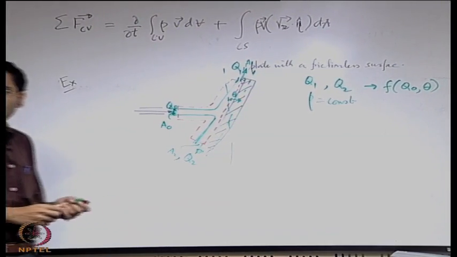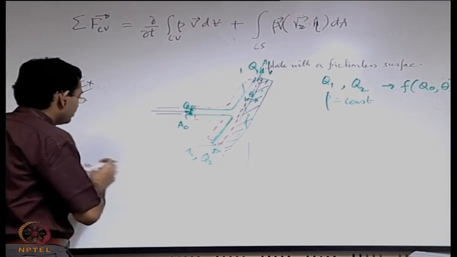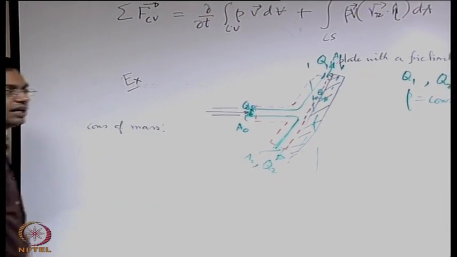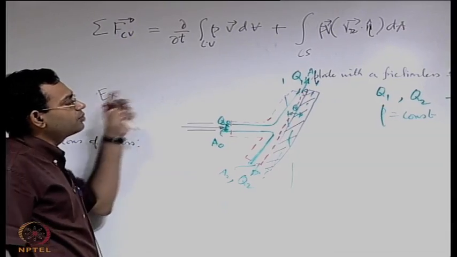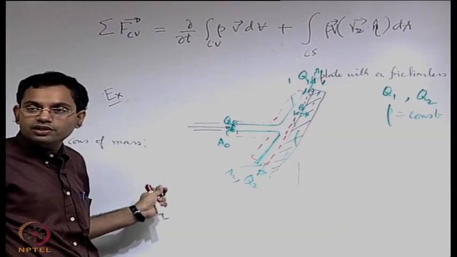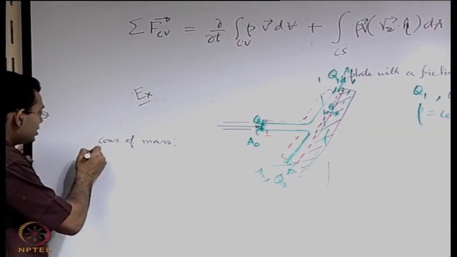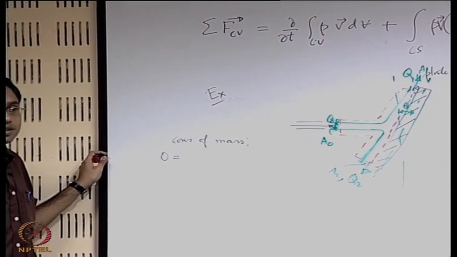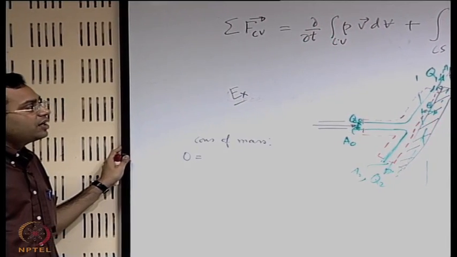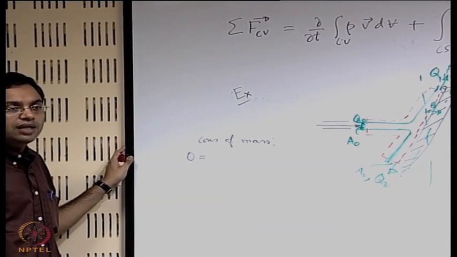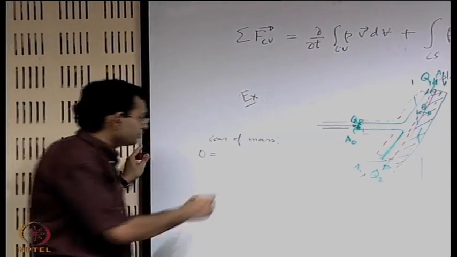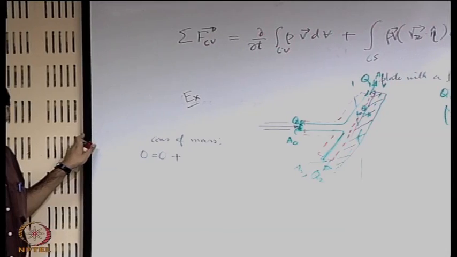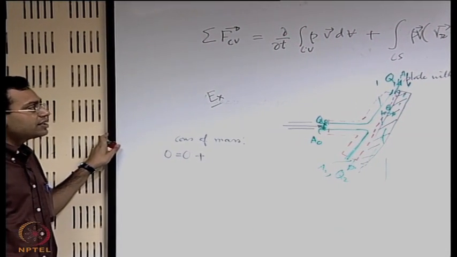So if you write the conservation of mass, by this time we have got habituated in writing for different cases, so we will not write the full Reynolds transport theorem form, we know which terms are important and which terms are not. Left hand side first term is 0 always because the system has a fixed mass. The second term, if you have a control volume which is of a fixed volume and density as a constant, that will be 0. So it will be only the rate of mass outflow minus inflow. So what is the rate of mass outflow?